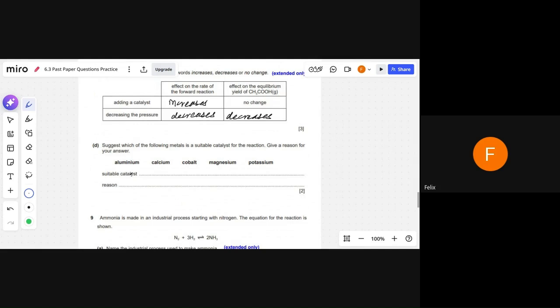Okay, so for a suitable catalyst, remember that the transition metals are used as catalysts. Here cobalt is a transition metal, so you just write cobalt or circle it. Sometimes they ask you to circle, and the reason is that it is a transition element.